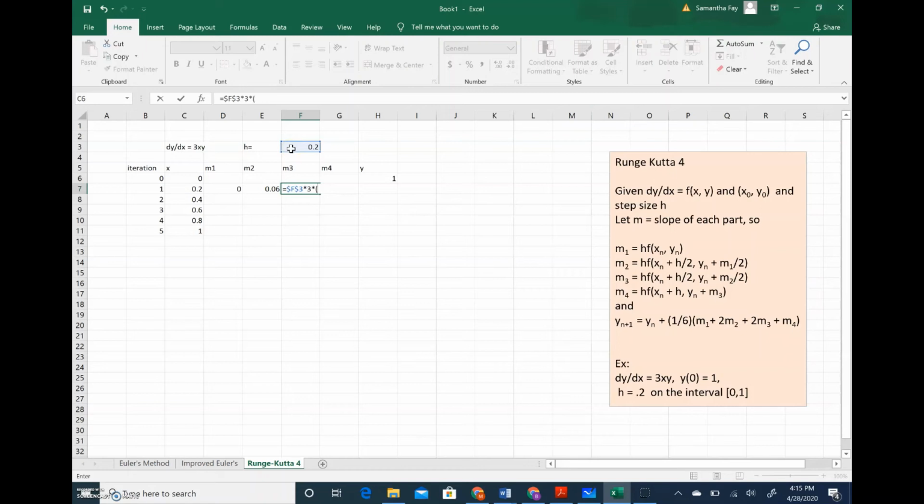Yep, because I've got a bunch of stuff in my x value. So my previous x value plus my step that I don't want to change, divided by 2. So that's my x value times my y value, which is going to be my previous y value plus now m2 divided by 2.